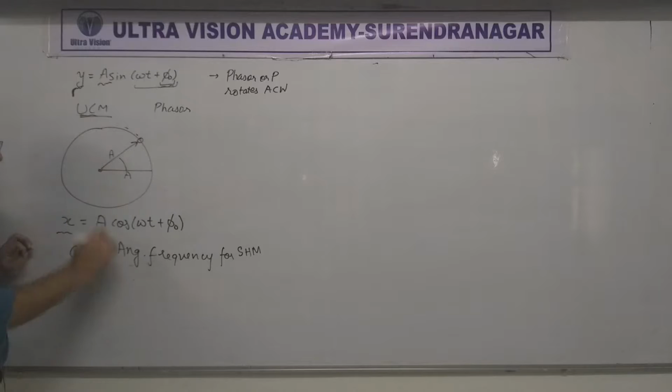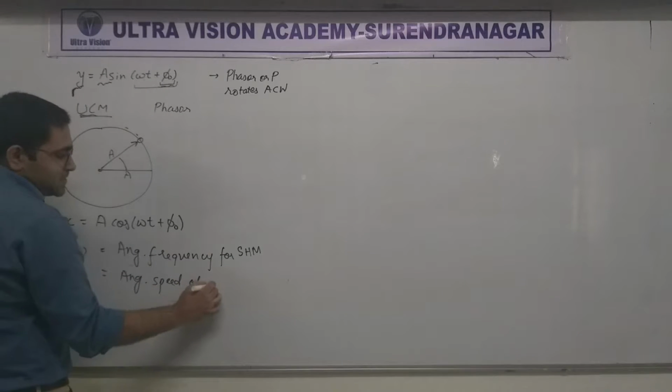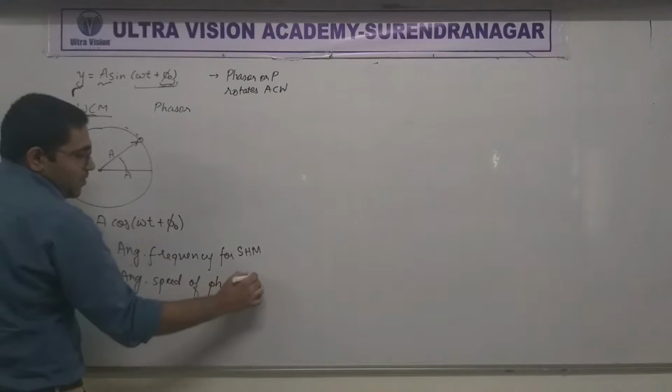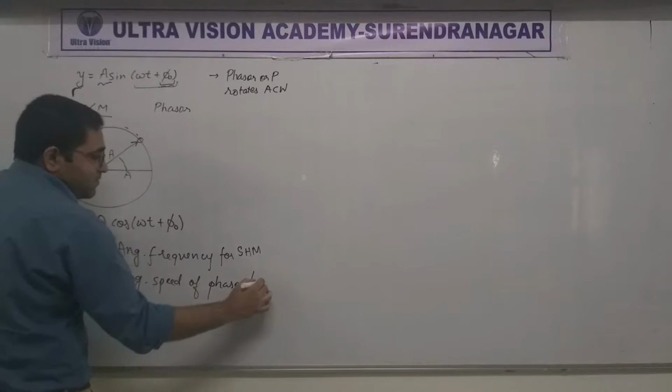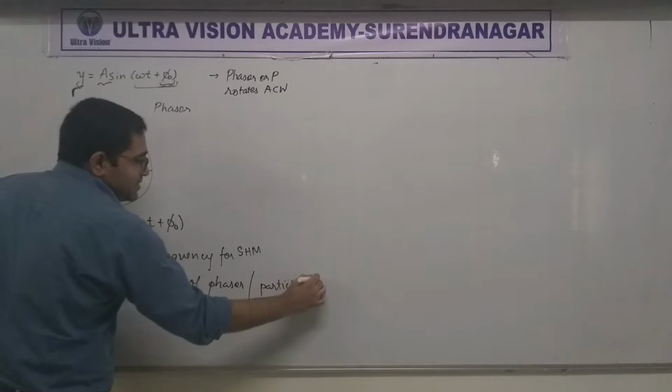So omega is both. What's the other one? The angular speed of the phasor, or you could say the angular speed of the particle doing UCM.